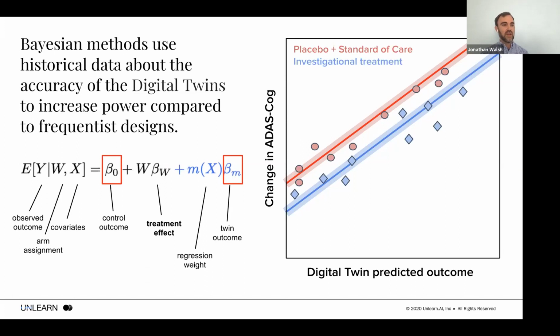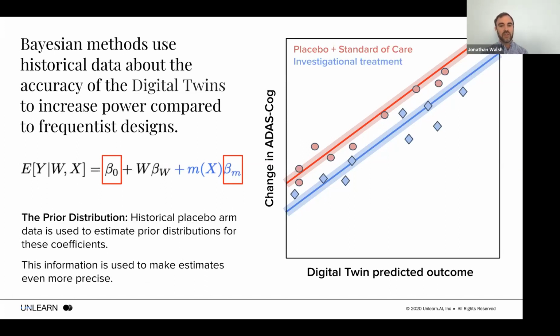So these are the things that we really have access to in a study. And what we've learned, from historical data, tends to be quite powerful. We can use prior data to estimate the control outcome and how well the digital twin outcome models that. This will help make trials much smaller.